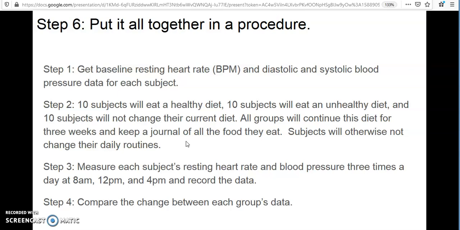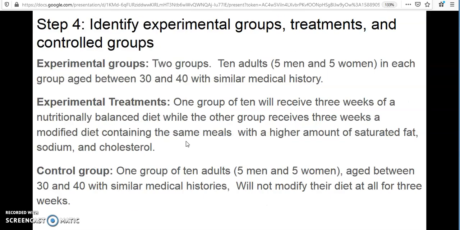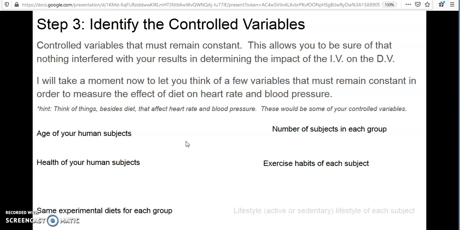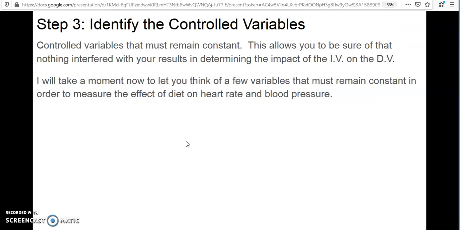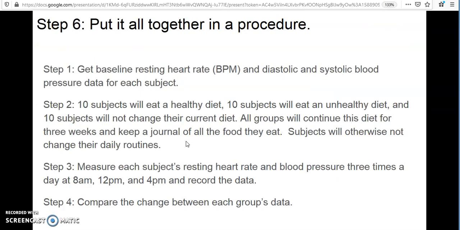So, granted, I could have just put together this 4-step procedure without the previous steps, but bear in mind that without having done steps 1 through 5 before putting together this 4-step procedure, I would not have been able to thoroughly explain how the testing would be done.